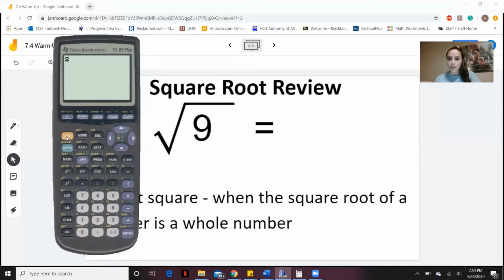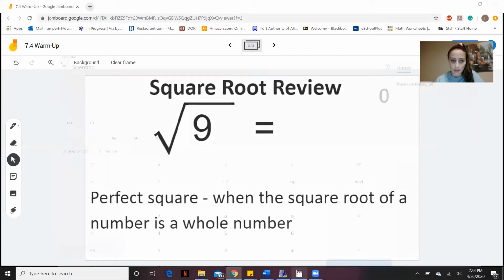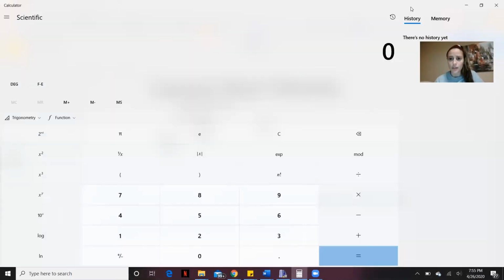What the second button does is it allows you to use all of the words that are written in yellow. You'll see that the check mark thing, our radical, is on the x squared button, but it's in yellow, so we can hit that. We want to take the square root of 9, close parentheses, equals 3. If you don't have the TI-83, then you can use the computer calculator or your phone calculator.